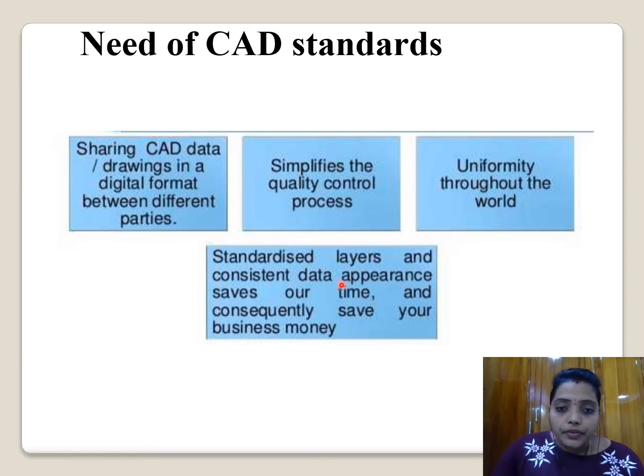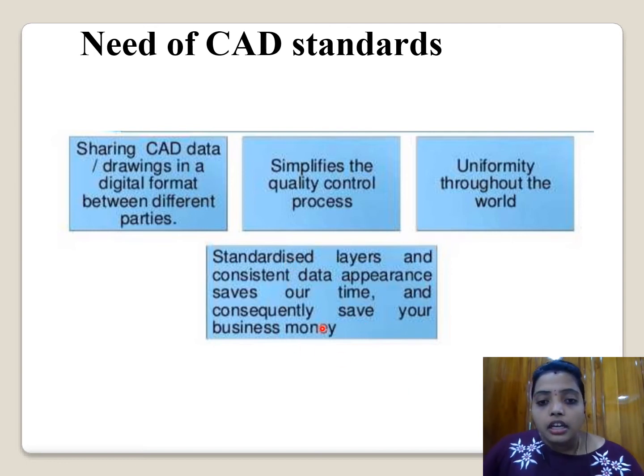Afterwards, standardized layers and consistent data appearance save our time and consequently save our business money. By having this data appearance in our software, we save time, and manufacturing time can be reduced. Afterwards, we save our business money also.